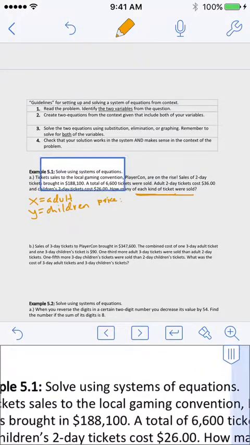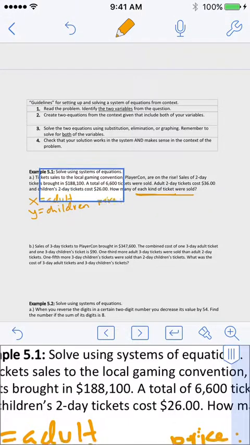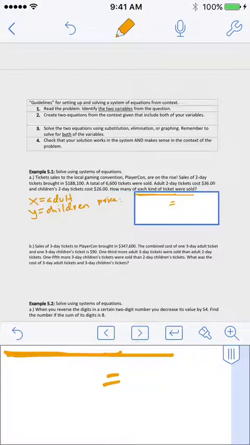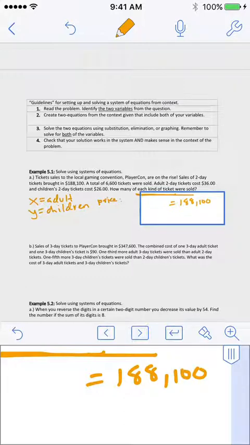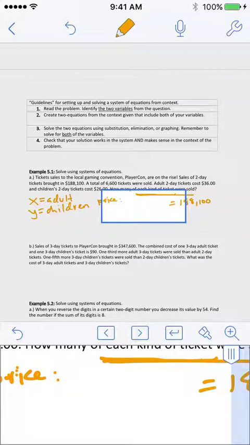And there was a total of $188,100. So if I think about the total price, eventually it equals $188,100, and another way I can write the total is $36 per adult ticket plus $26 per child ticket. So now I've come up with my first equation.